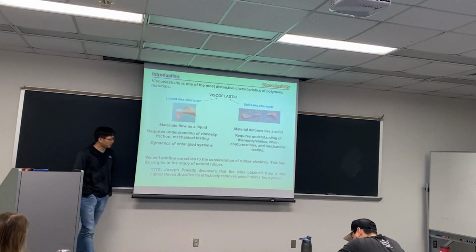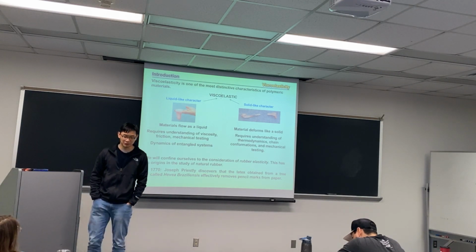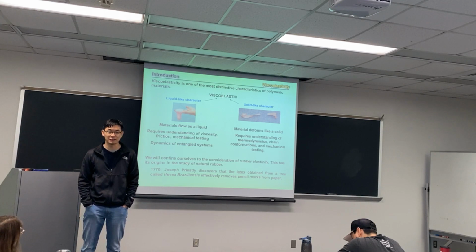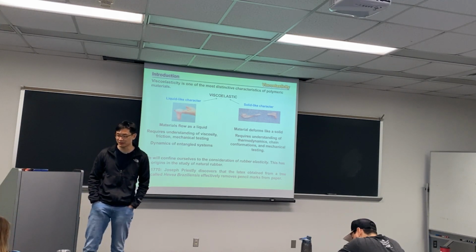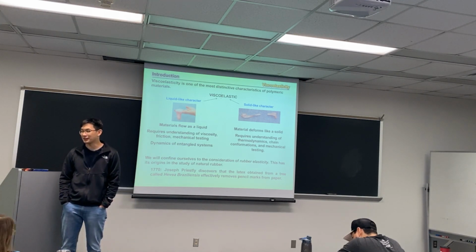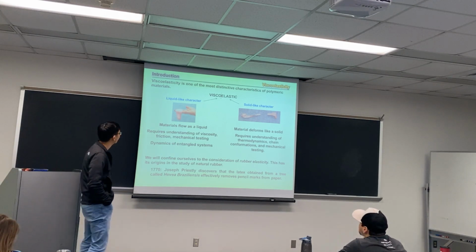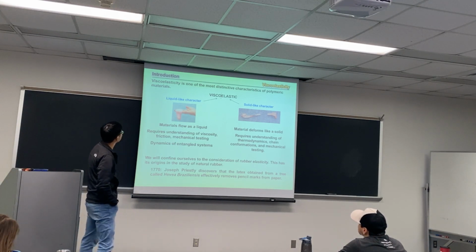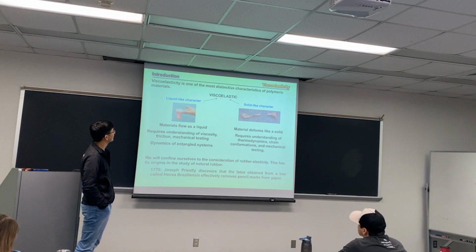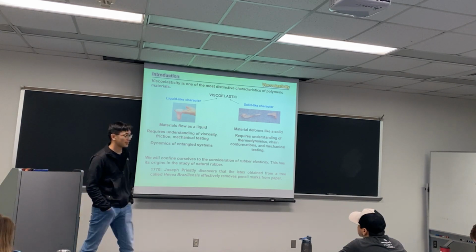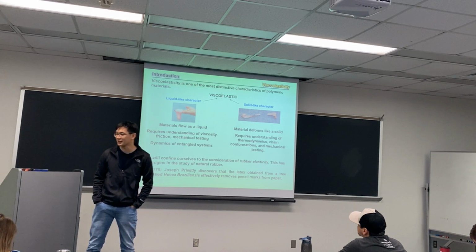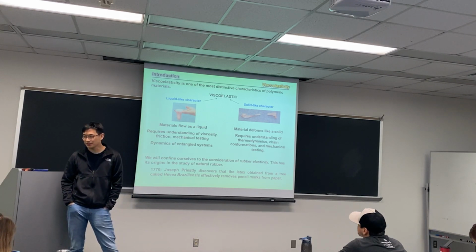To introduce rubber elasticity, we need first to understand some fundamental concepts. There's a couple of them we need to talk about. First is viscoelasticity. So we want to discuss what viscoelasticity is. Have you studied it in engineering courses?